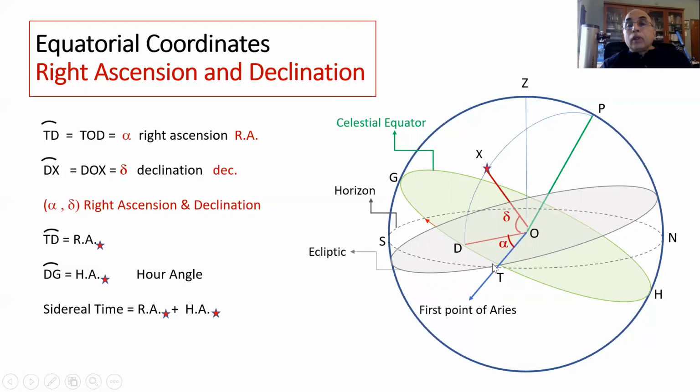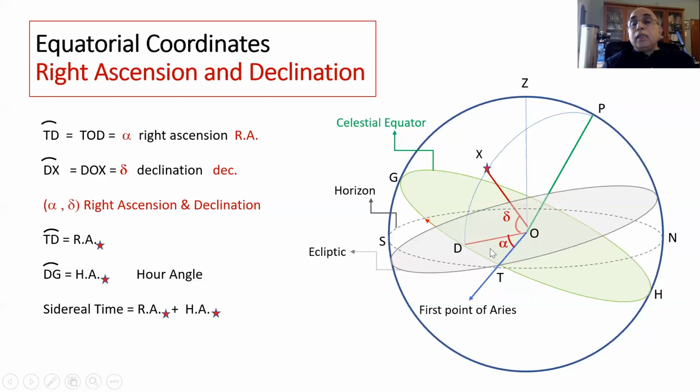TD, we can measure in terms of these angles TOD, or we can measure in terms of the arc TD, right? And from simple geometry, we know that if you have a circle of radius r, and the length of the arc subtended by angle theta is r theta, and if you take r as 1, then you have theta, and the arc length is the same.